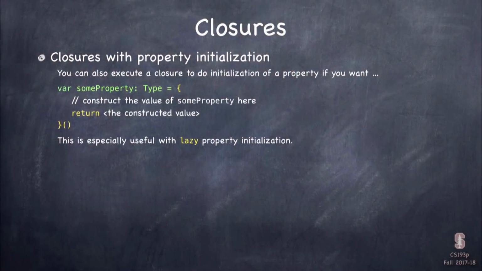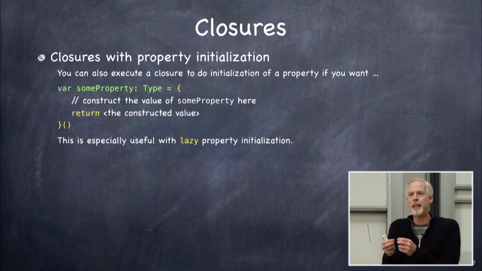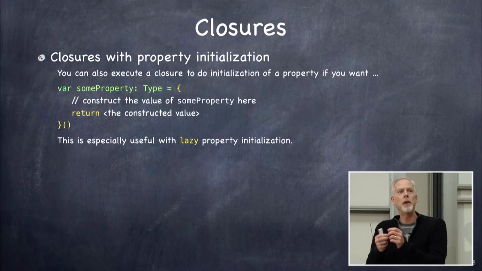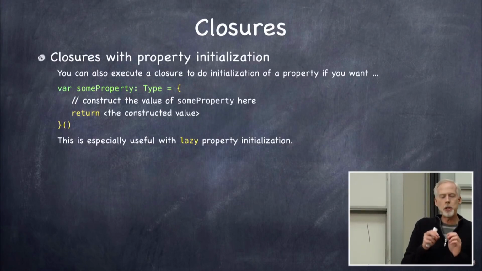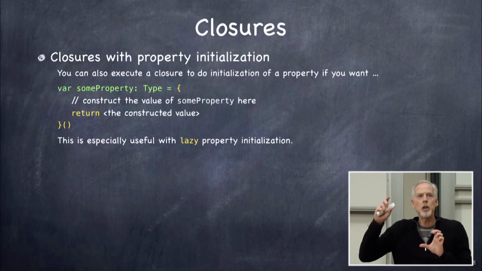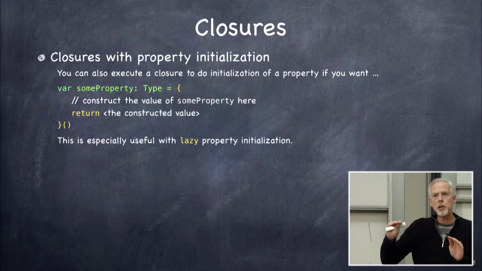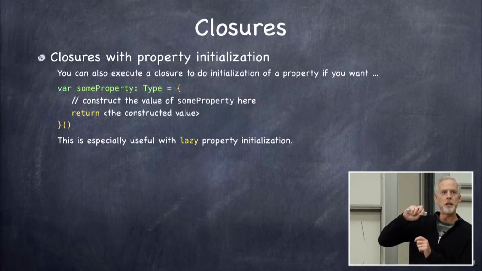Okay, another cool use of closures, property initialization. What if you have a property and you want to initialize it to something, but you just can't do a one line thing, right? You can't say equals 5 or equals something simple. You need to do 2 or 3 lines of code to get it initialized. No problem. You're allowed to set the property equal to executing a closure. Now that closure is automatically going to be a closure that takes no arguments and returns the right type to initialize that property.